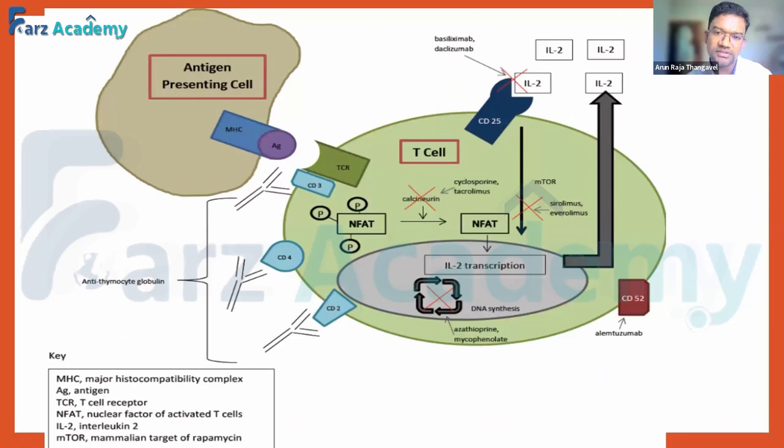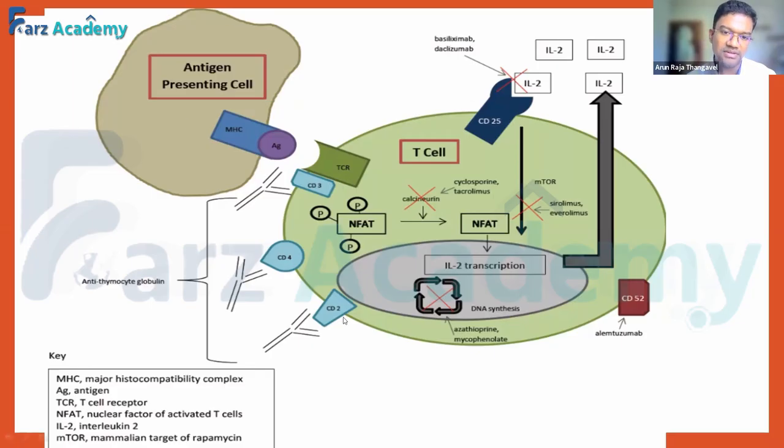This slide focuses on how the T cell is suppressed and what the various targets are. Whenever a patient has a transplant, your antigen presenting cells, which are part of your innate immunity, get the antigen from the transplanted organ and present it to your T cell.